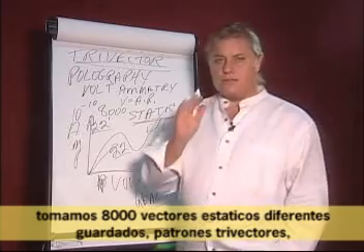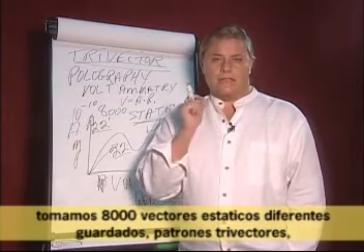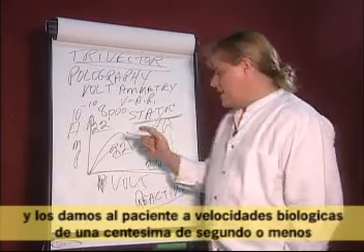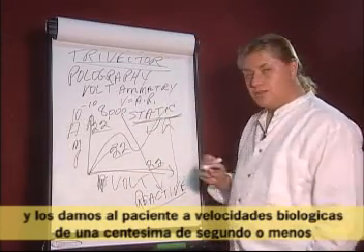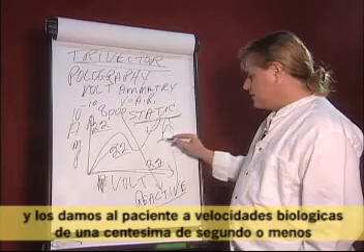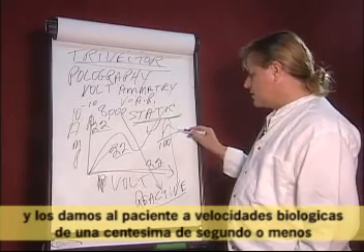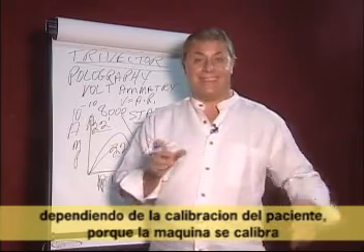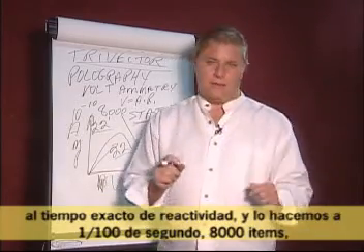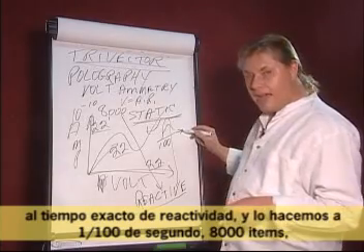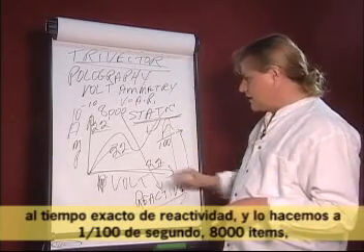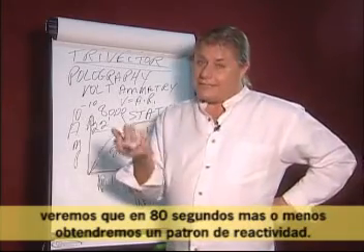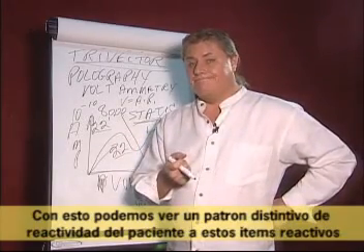We take 8,000 different stored static vectors, Trivector patterns, and we give them to the patient at biological rates of 1/100th of a second or less, depending on the calibration of the patient, because the machine's calibrated to the perfect reactivity time. And if we do that, 1/100th of a second, 8,000 items, we can see that in about 80 seconds or so, we can get a pattern of reactivity.